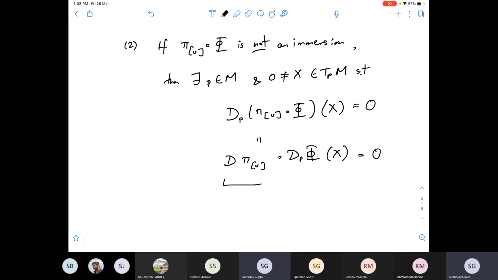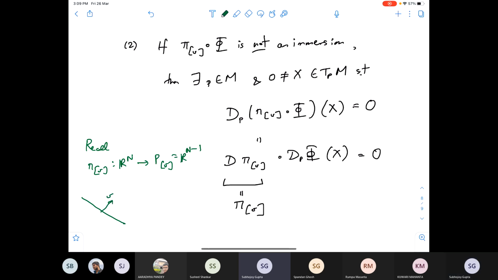Now, what is this? This is equal to pi of v because this is just a linear map. Recall that pi of v is this projection from Rn to this hyperplane, which is R^(n-1). So it's a projection along this direction v, plus or minus. You're projecting to this hyperplane, right?